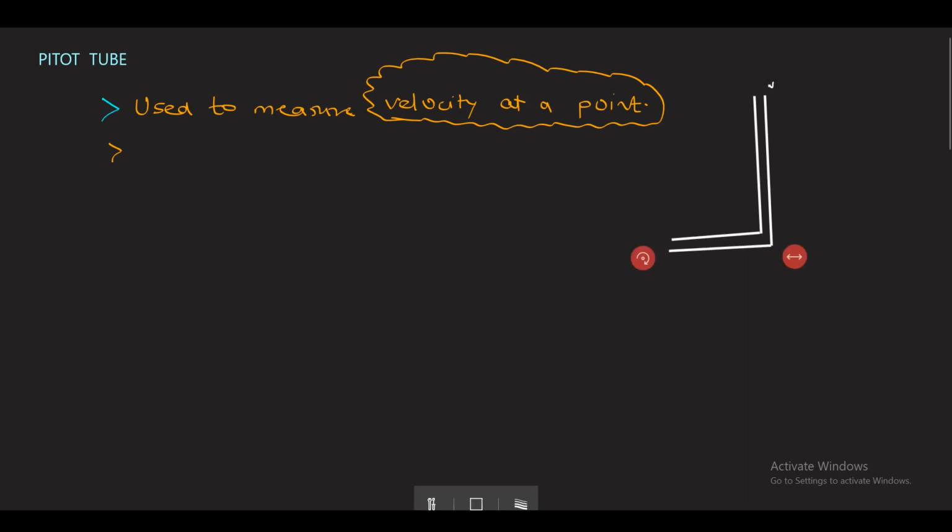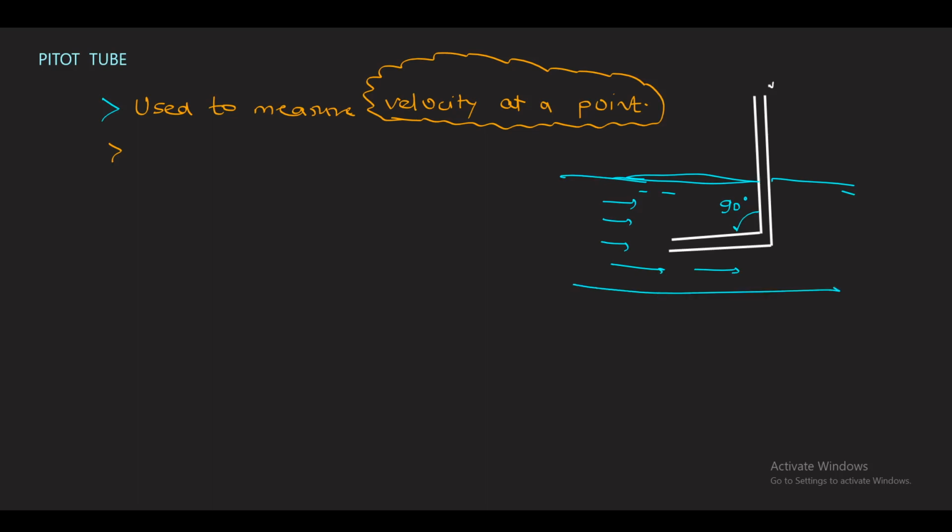So this is a simple glass tube that is bent at a 90-degree angle. Suppose this is the flow of the fluid in this direction. It is open towards the upstream side, so whatever flow comes, it enters through these openings into the tube.